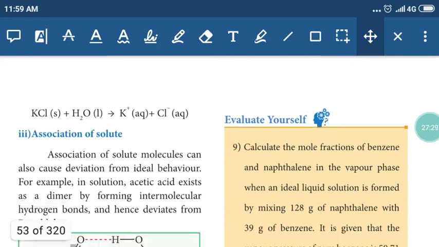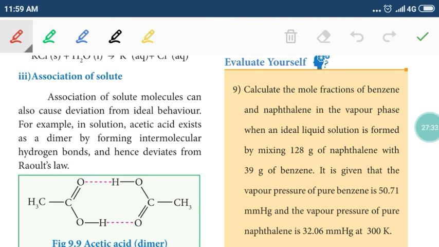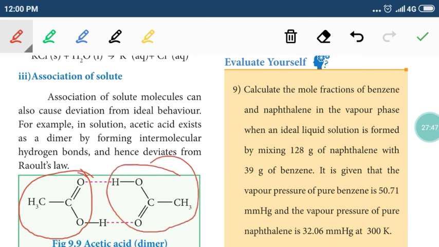Next, association of solute. When solute is added to a solvent, there should not be association of solute molecules. Take acetic acid. This is the first acetic acid molecule, which has an attraction with another acetic acid by hydrogen bonding.